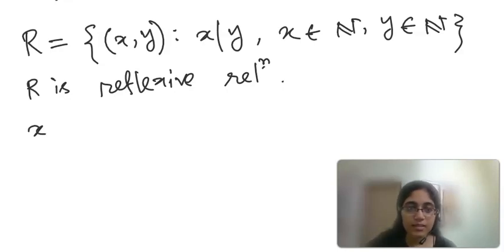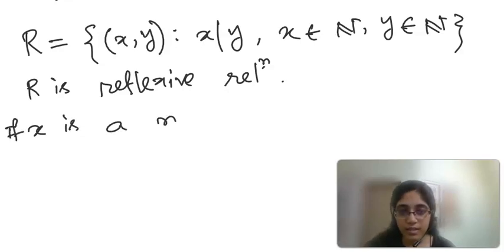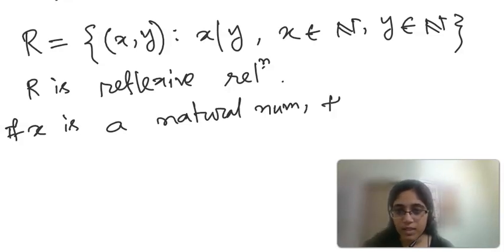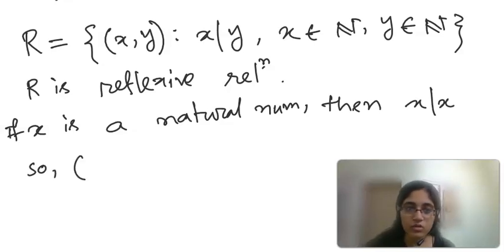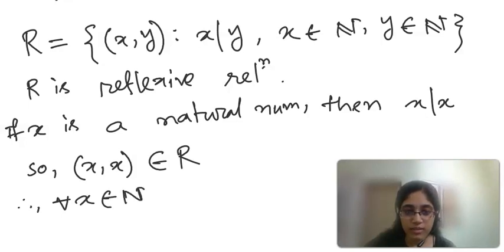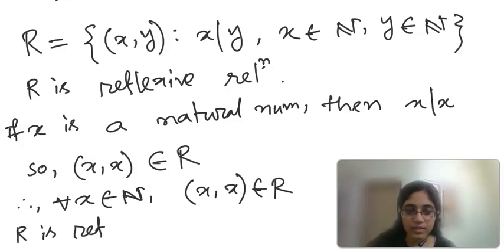If x is a natural number, then x divides x. So the ordered pair (x, x) belongs to R. Therefore, for all x belongs to N, (x, x) belongs to R. Hence, R is a reflexive relation.